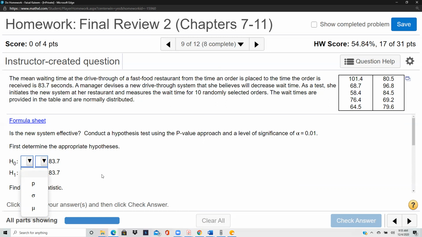The one that looks like a backwards U. You have no love for the Greek alphabet. Equals in the null. And I believe less than, because it says it believes it will decrease wait time.